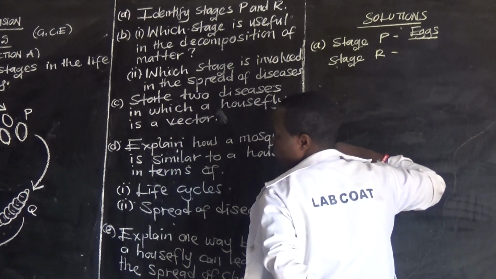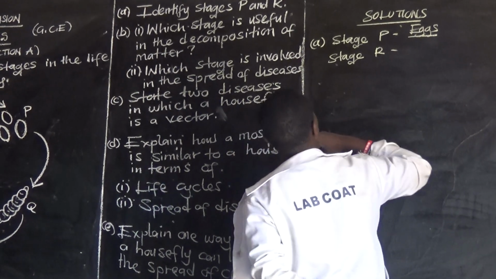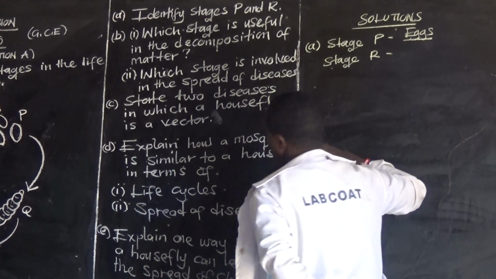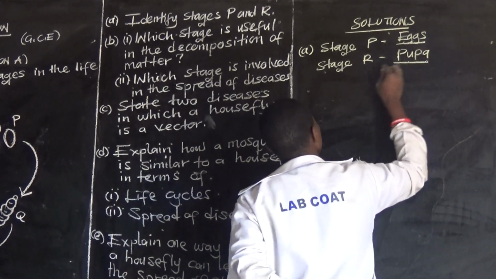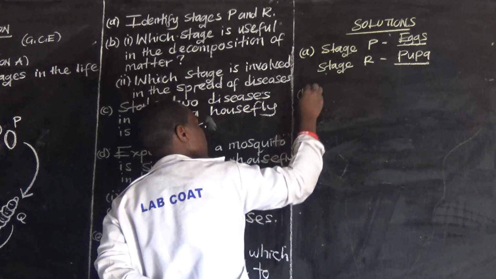Then what is our Q? R is the pupa. Cool.